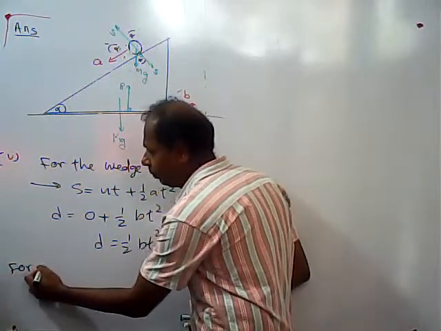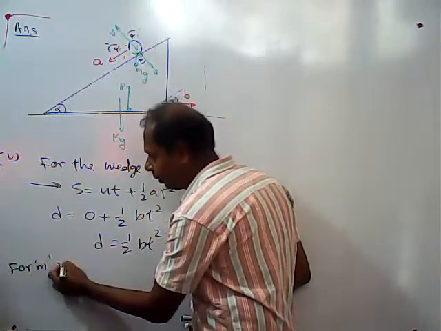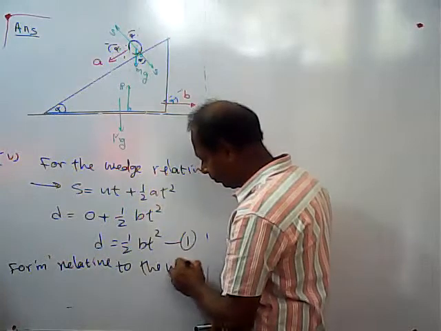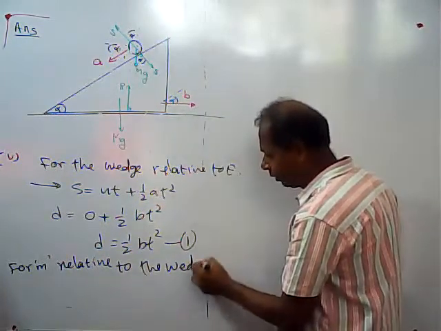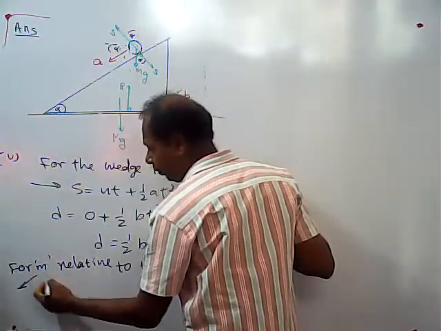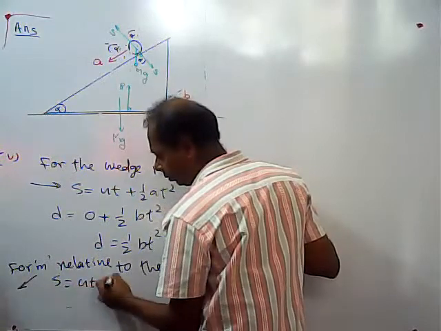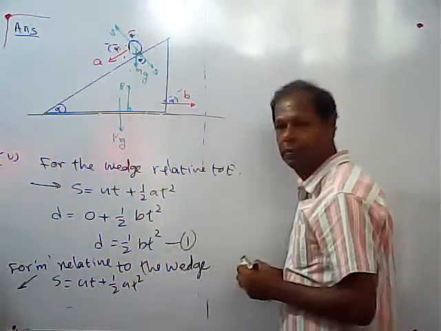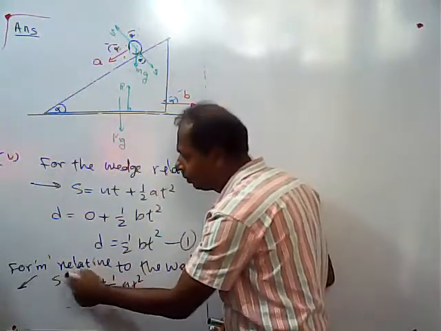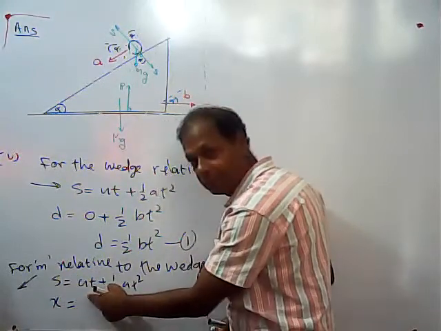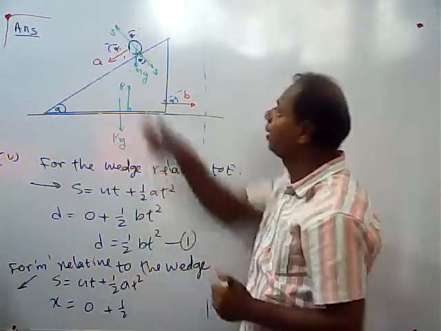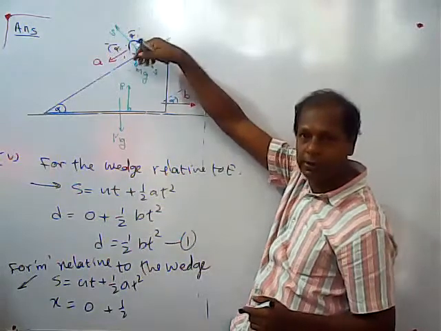So simply, relative to the wedge, down the plane, we apply s equals ut plus half at squared. s is unknown, so let's write say some x there. u is again 0, plus half, acceleration of the particle relative to the wedge is a, right?